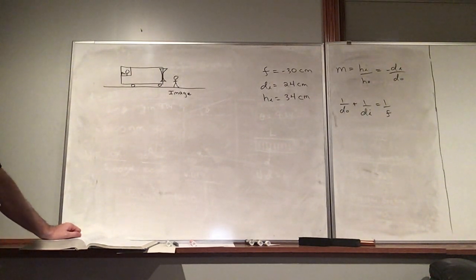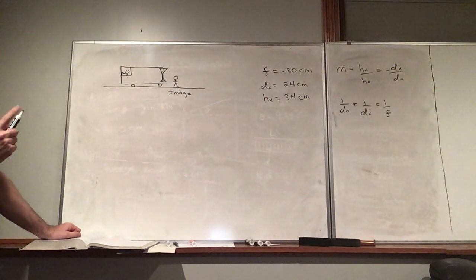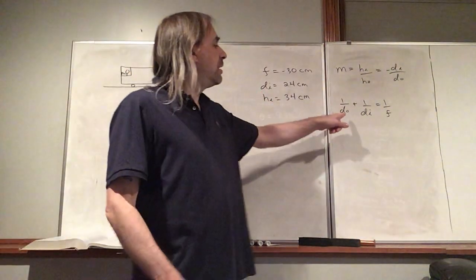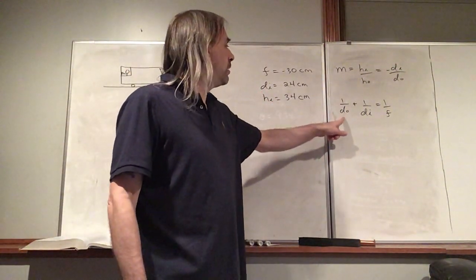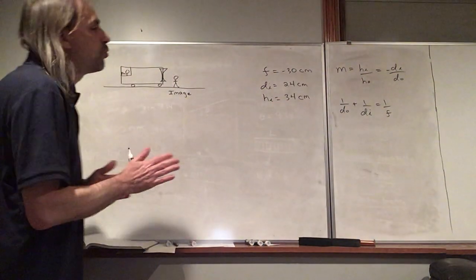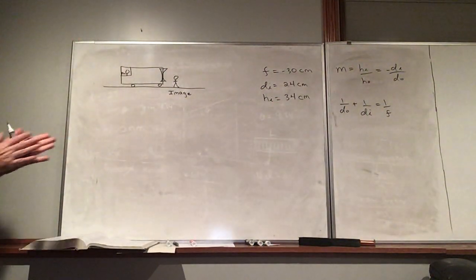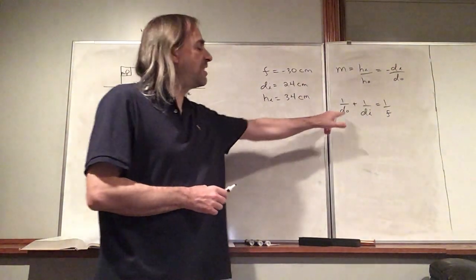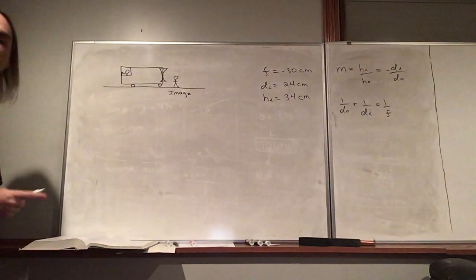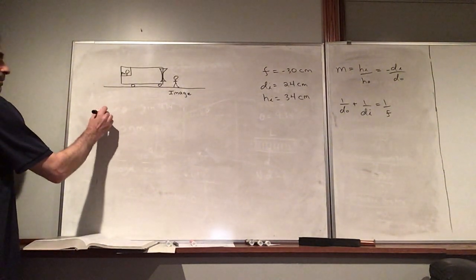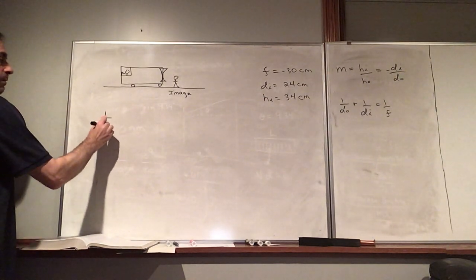We want to use the equation. Let's start with that. We have DI, so we need to find DO. And we have HI as well. So we have DI, enough that we can just use this equation to find DO. The question is, we have to be very careful with the sign convention. So let's start out.